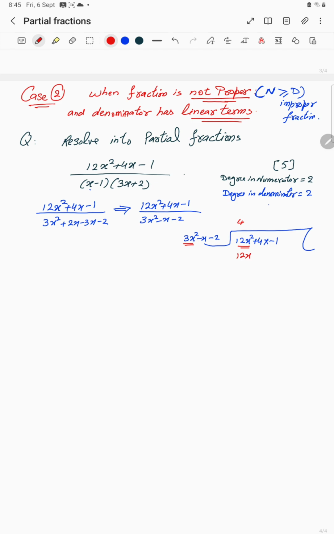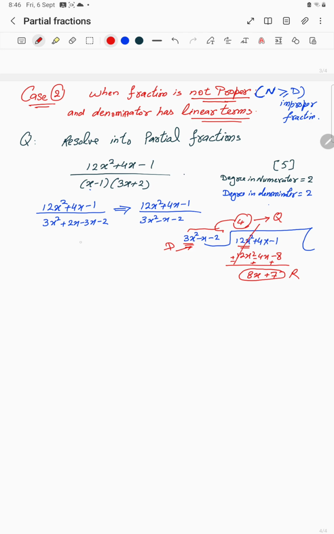You multiply this 4 with the entire divisor, and subtract: minus 4x minus 8, you change the sign, it cancels, and becomes 8x plus 7. So this is the quotient 4, and this is the remainder, and this was the divisor.